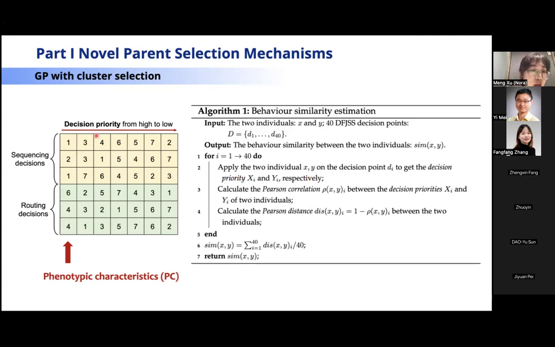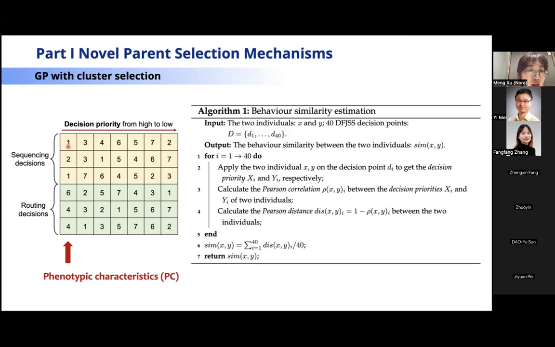For example, we consider 3 sequencing decision points and 3 routing decision points. And for each decision point, we consider 7 candidate machines or operations. And then our individuals will calculate the priority of candidate machines. And the number here represents the priority of these candidate machines or operations.